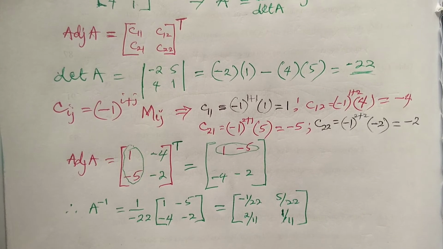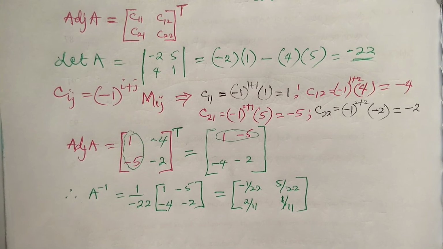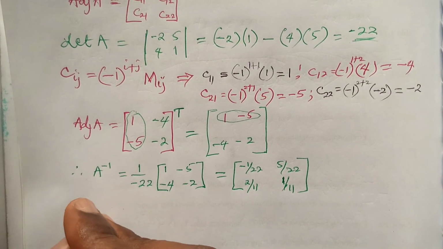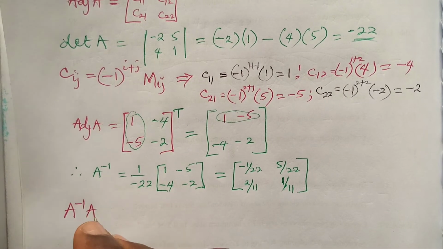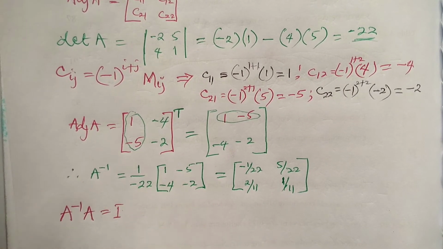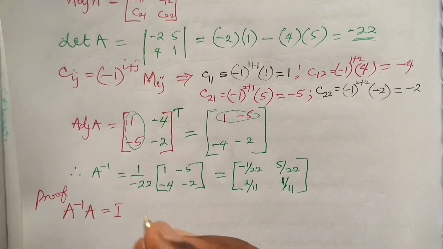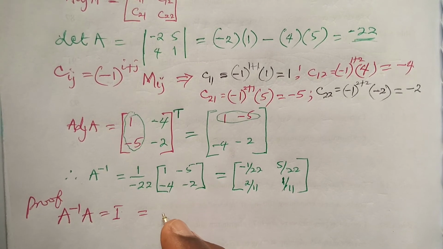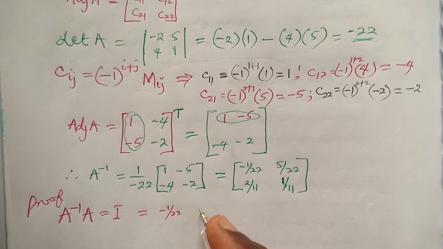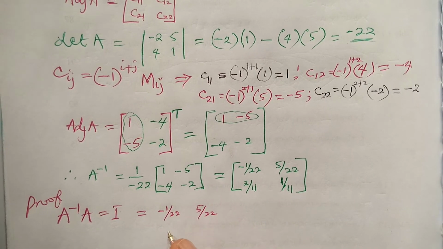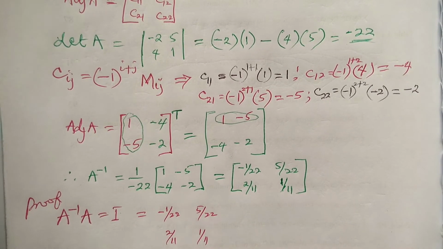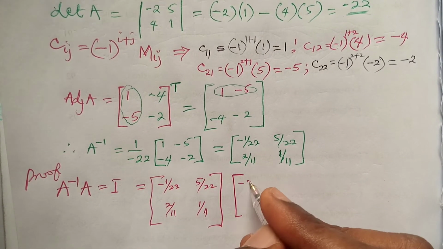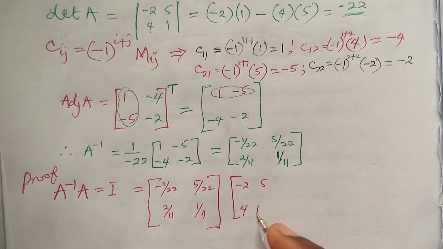To prove it and to know whether we got the answer right, if we multiply the inverse with the original matrix, we are supposed to get the unit matrix. So the proof: minus 1 over 22, 5 over 22, 2 over 11, 1 over 11, times the matrix we started with, minus 2, 5, 4, 1.